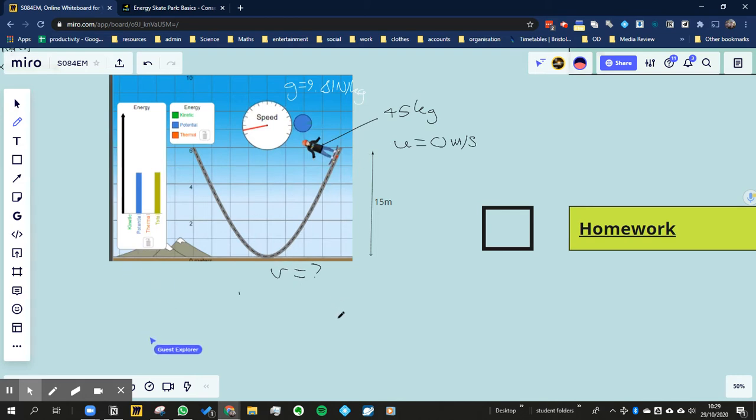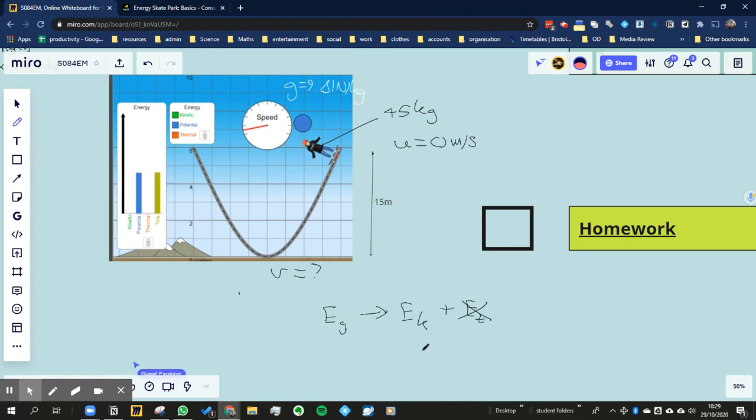So the first thing we need to consider is the fact that gravitational energy is being converted into kinetic energy. In our simulation, there is no friction, and we're going to say no air resistance either. Normally it would also make some thermal energy, but we're going to say it doesn't.